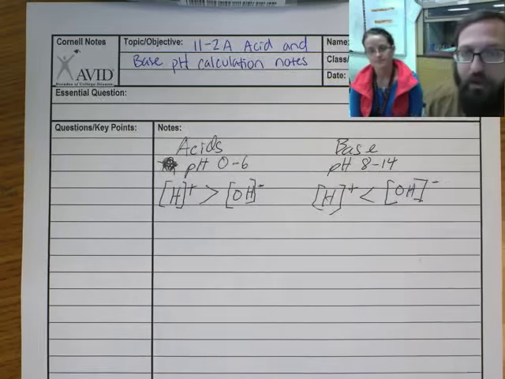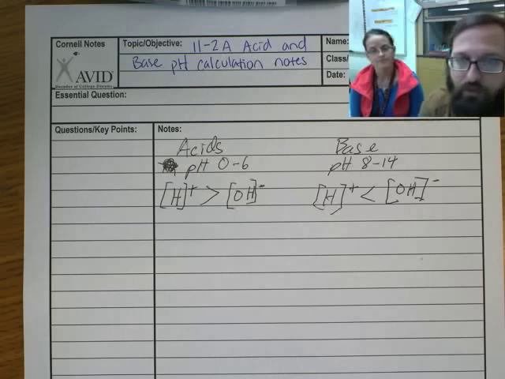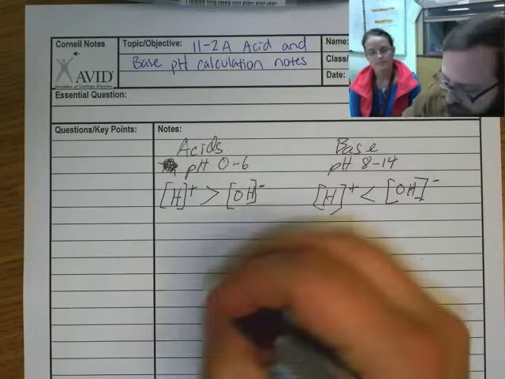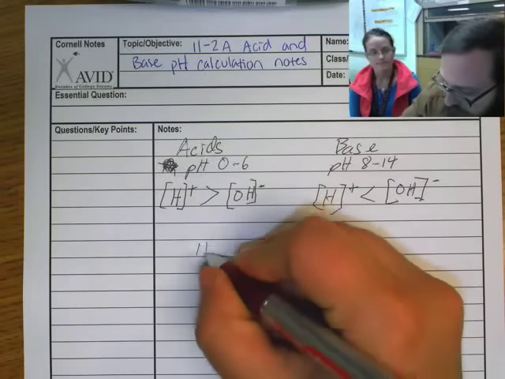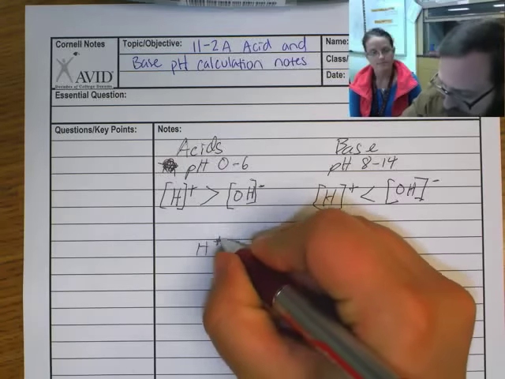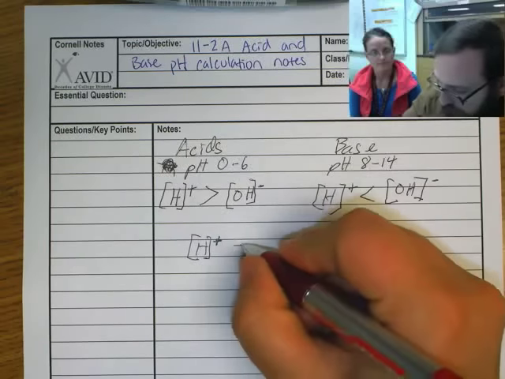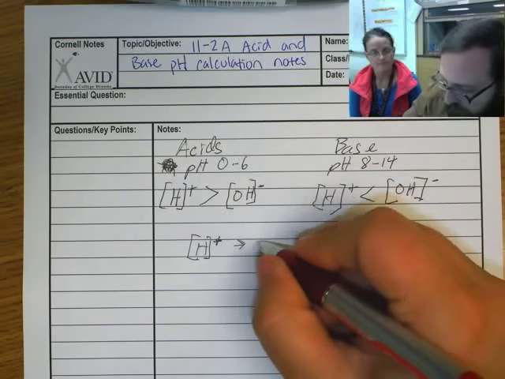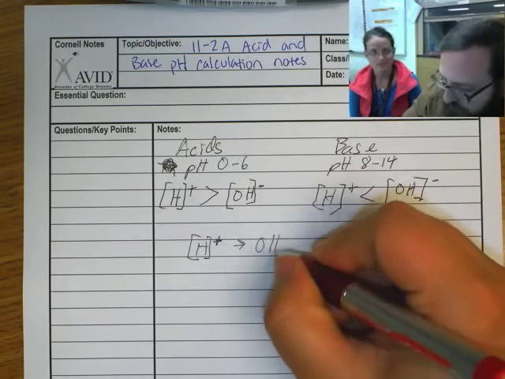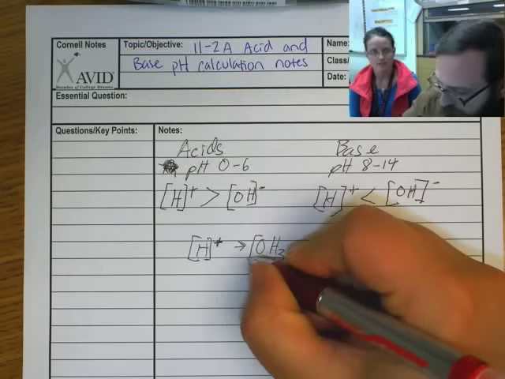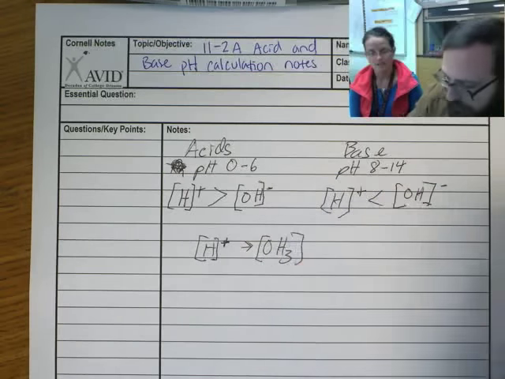Okay. Now is a good time to mention, whenever we're talking about the hydrogen ions, there's another way to say that. An H plus ion, whenever it gets in with water, will bond onto the water and make an H3O plus ion, which is water with that extra hydrogen on it.